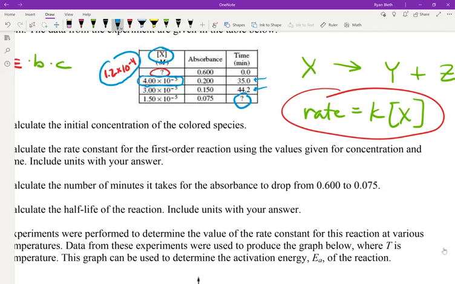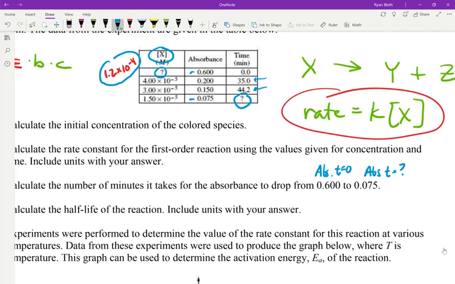And again, we're going to think about this as the absorbance of x at time 0, and this is the absorbance of x at some later time, at time equals question mark, and that's what we're trying to figure out. Well, we know the absorbances, they're right there in the data table, first row and last row, which means we want to use the accompanying concentrations that go with them.